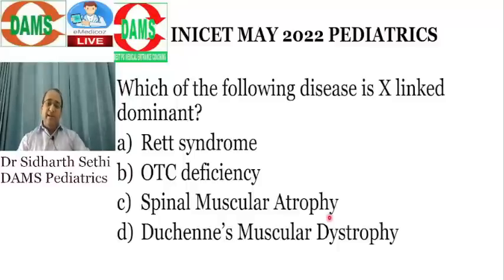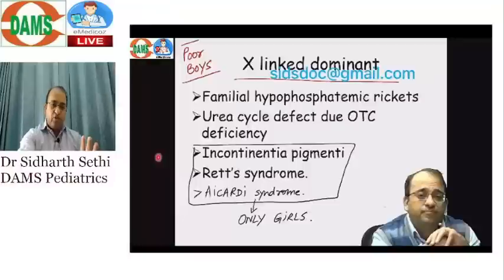Now, which is an X-linked dominant disorder? In fact, there were 2 questions in this INICET. The most important and most common answer, without any controversy, is that Rett syndrome is X-linked dominant. So there is no doubt about this.